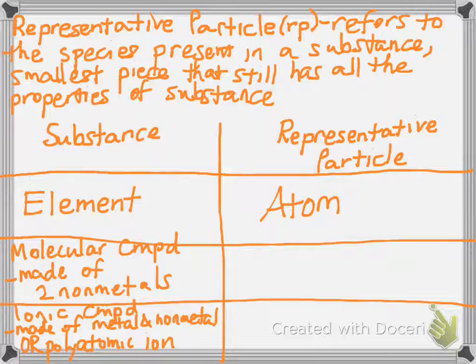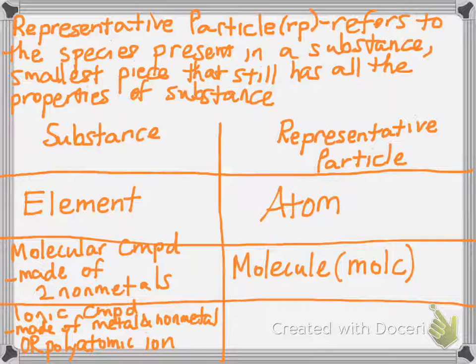For a molecular compound, if I have a big chunk and I want to chop it up into small pieces that still have all the properties of that original big chunk, that smallest piece is a molecule. I'm going to abbreviate molecule MOLC. It has to have the C on there because MOL is a mole.